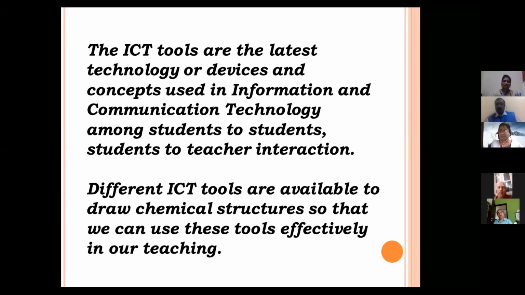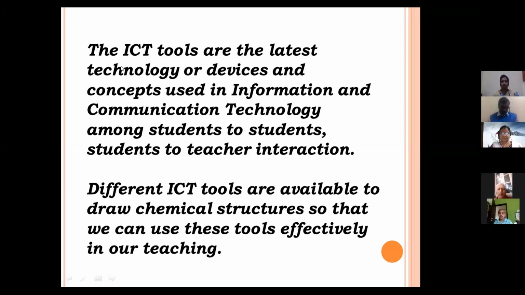So for that, we have an effective tool called ICT tools. They are the latest technology, devices and concepts used in information and communication technology for student and teacher interaction. When it comes to drawing a structure or writing a reaction, people would know about ChemSketch and ChemDraw, or some of you might know about PHET chemistry.